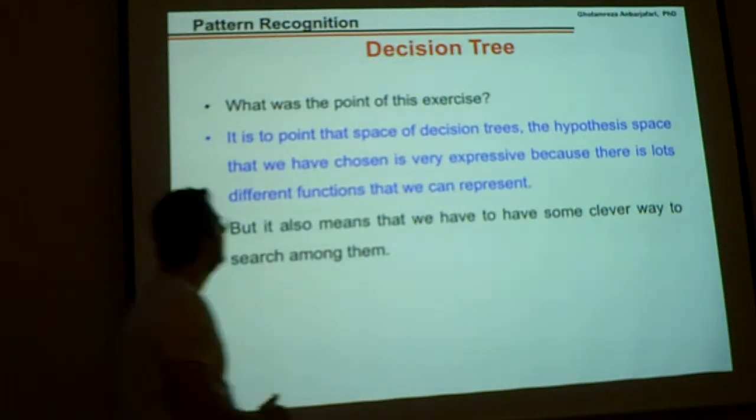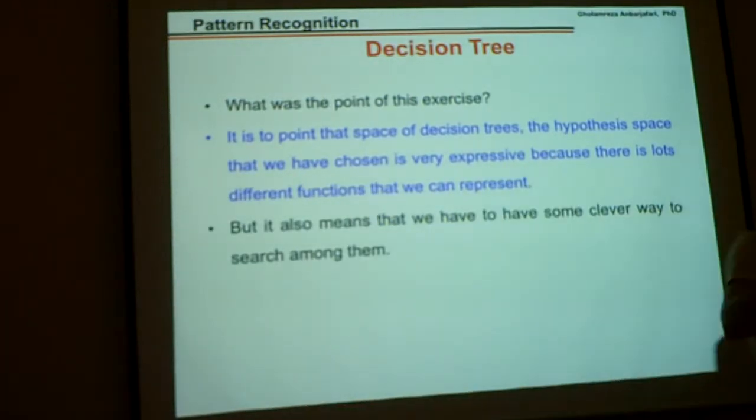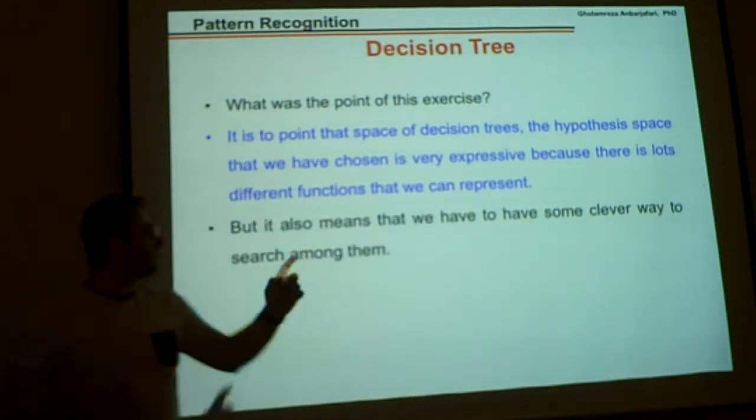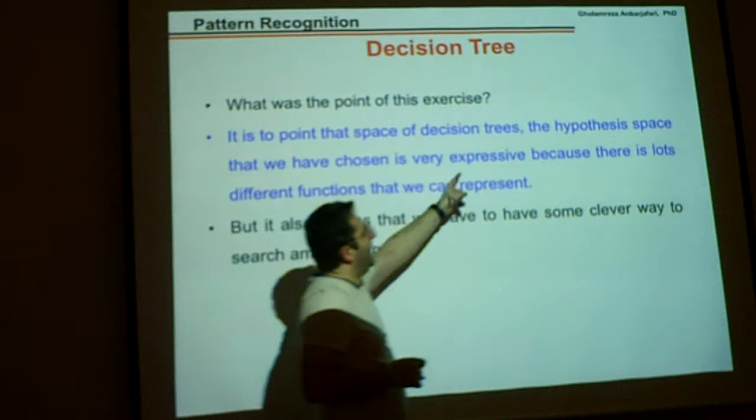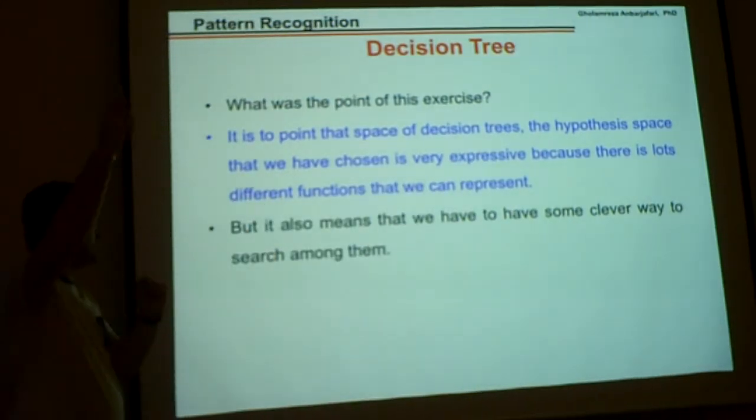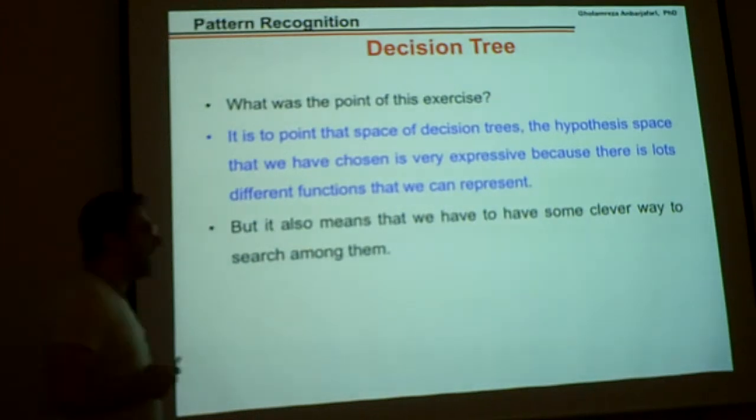Now, we did this calculation because we wanted to see something very important, and what we wanted to see was this sentence: decision tree is very, very expressive. And it was like 2 to power 2 to power n.